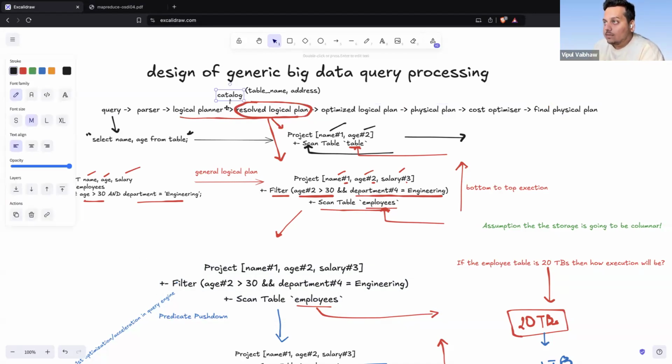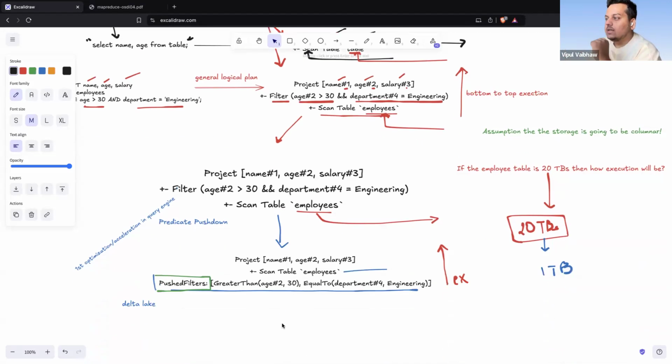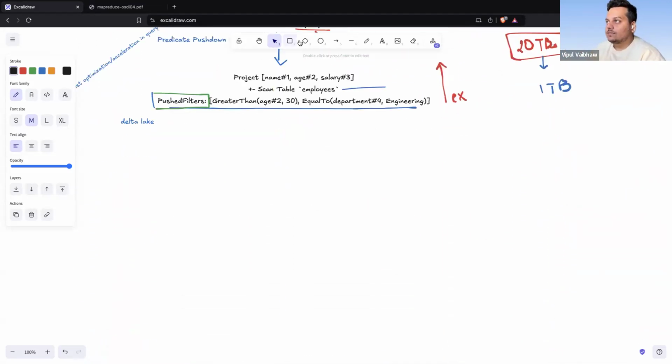So here is something which I had spoken about. We have got a catalog, which is an internal catalog, which tells the table name and the address of the table. And the question is, a lot of times, what can happen is, let's say we have an architecture something like this.